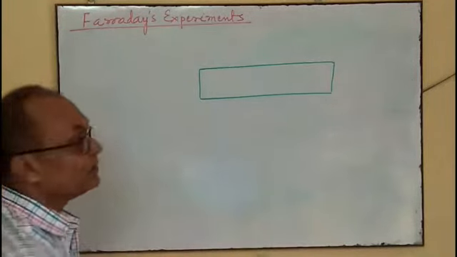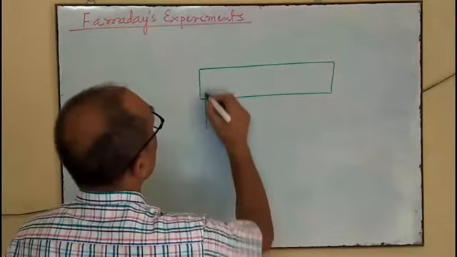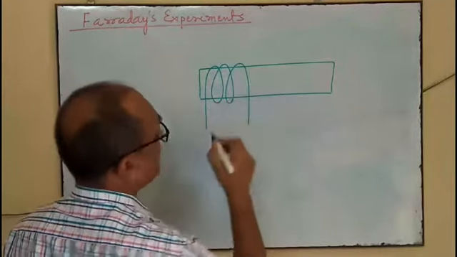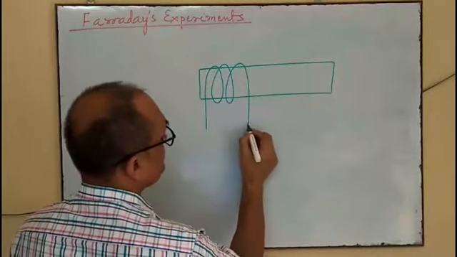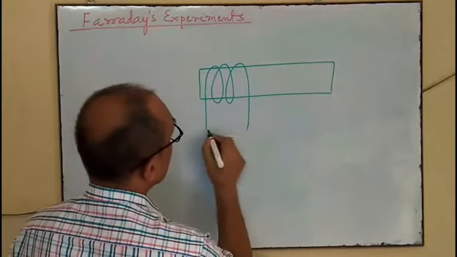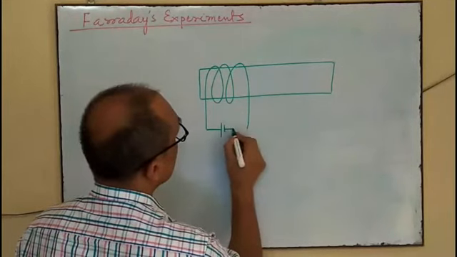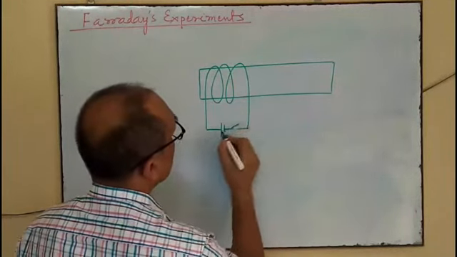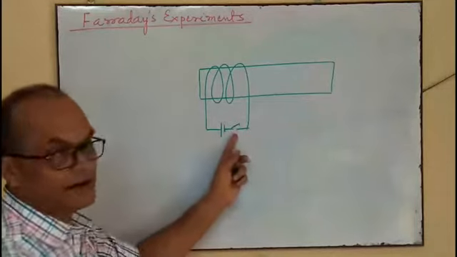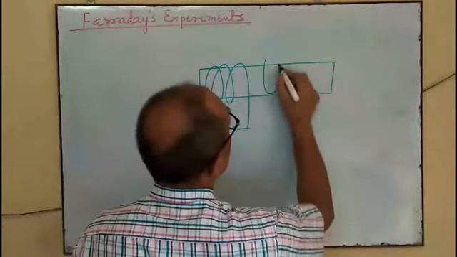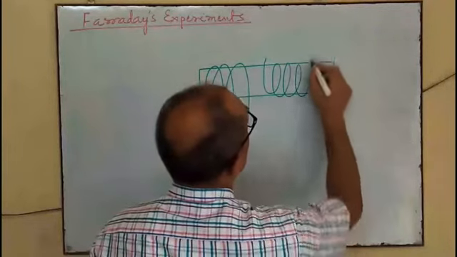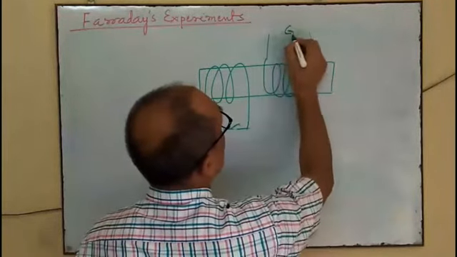We have here two coils. Through one coil some supply, some current, is given. Here is the tap key, and here is the other coil, which is connected to a galvanometer.